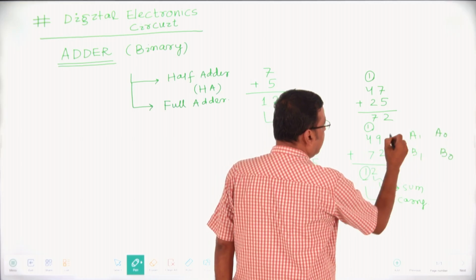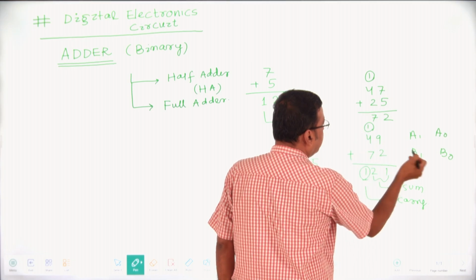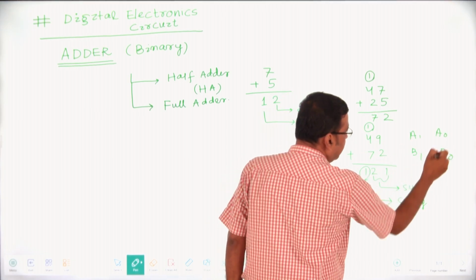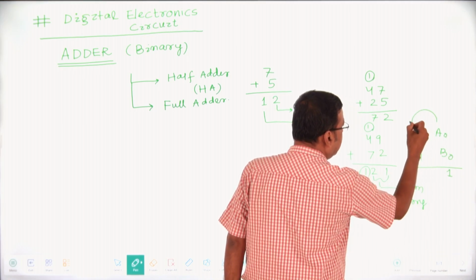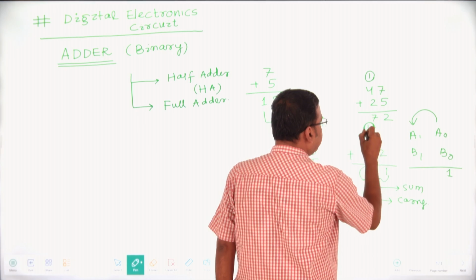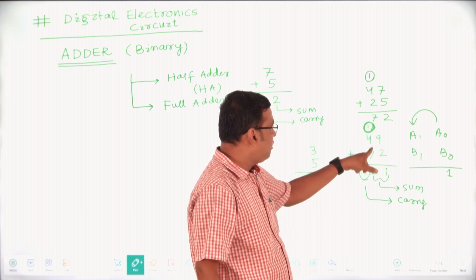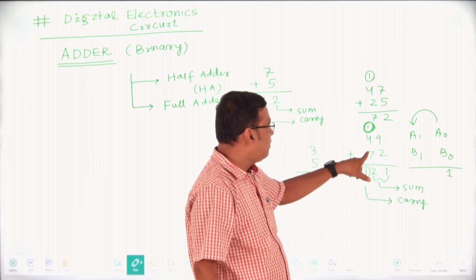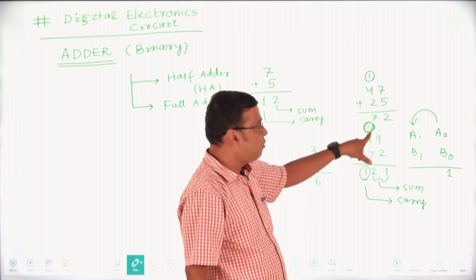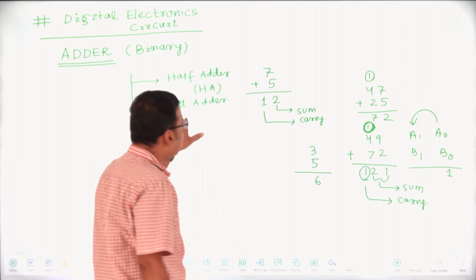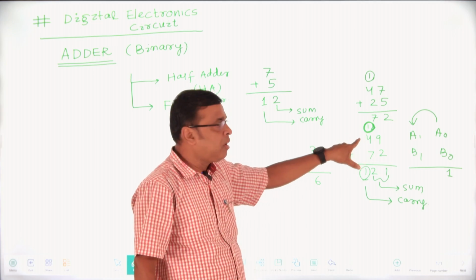Here A0 is 9, B0 is 2, and A1 is 4, B1 is 7. A0 plus B0 gives the sum, and there is a previous carry. The half adder will not take into account the previous carry.